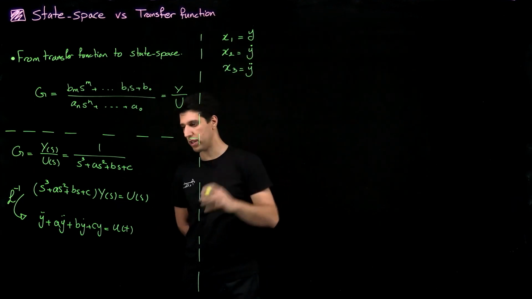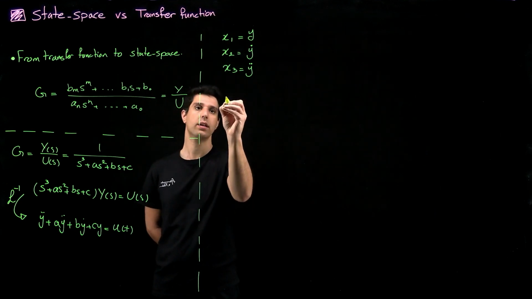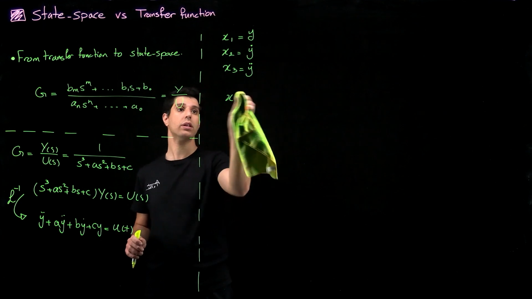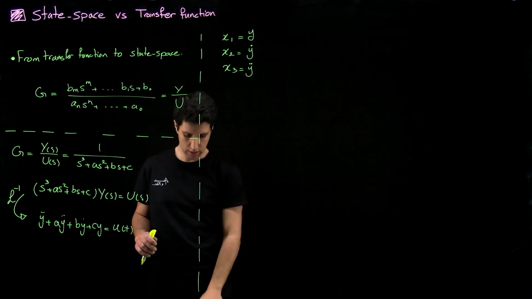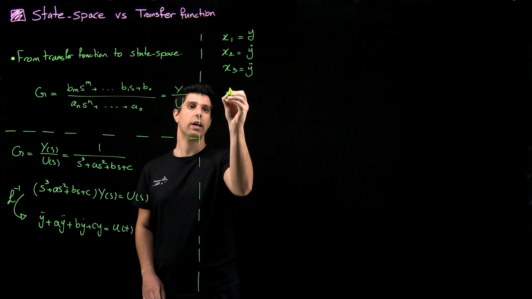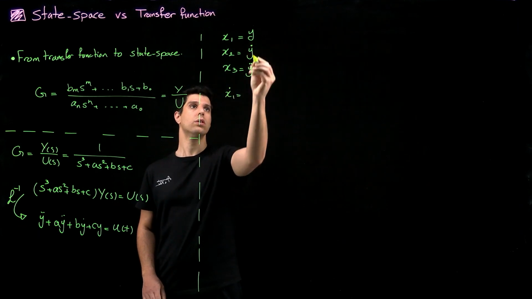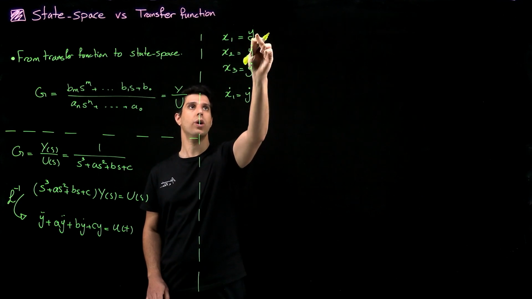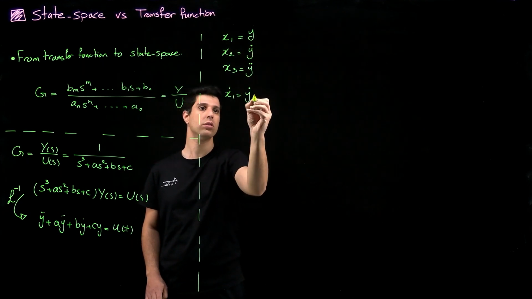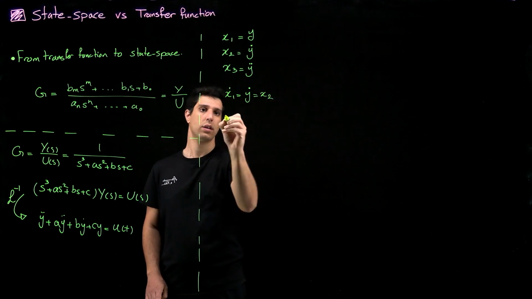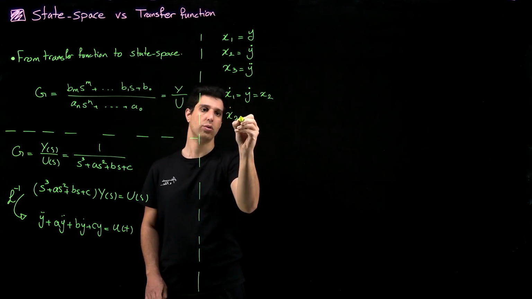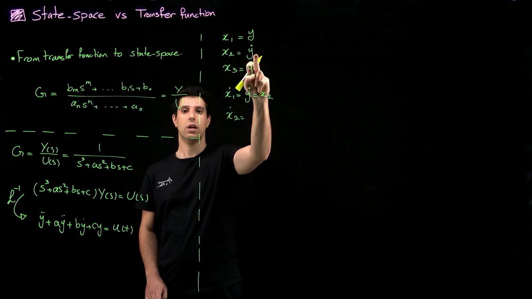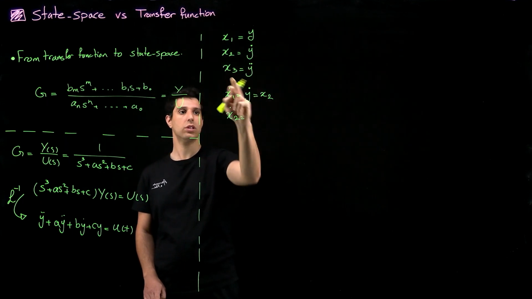With this definition I can write, let's use dot notation. So x dot 1 equals y dot, and y dot is x2. x dot 2 equals y double dot, and y double dot is x3.